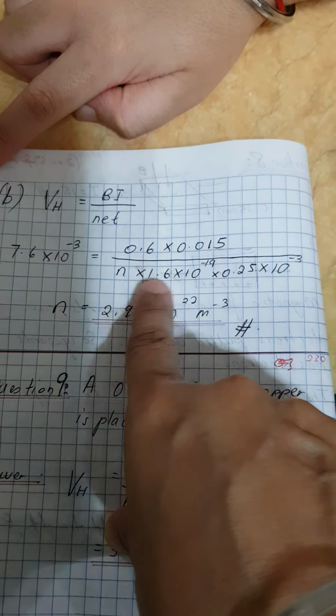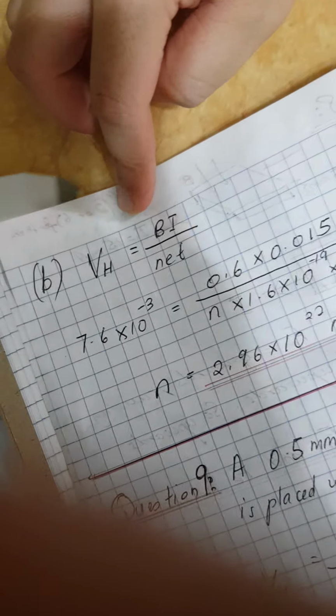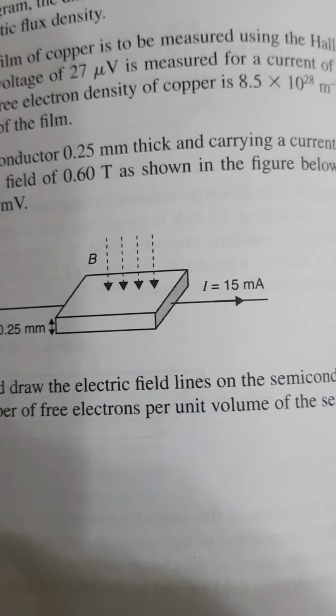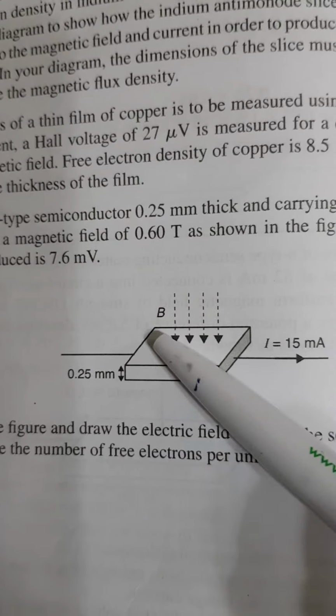Let me see, where is this question? Page 232. Can you see this question? 0.25, this is your thickness, class, T. B is not upwards.